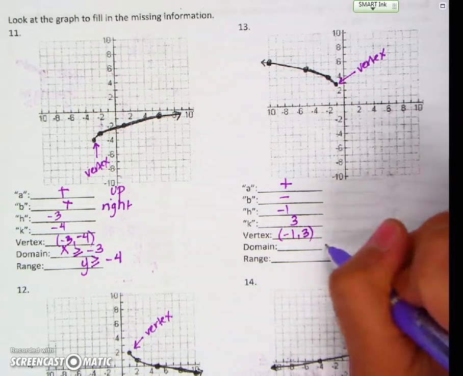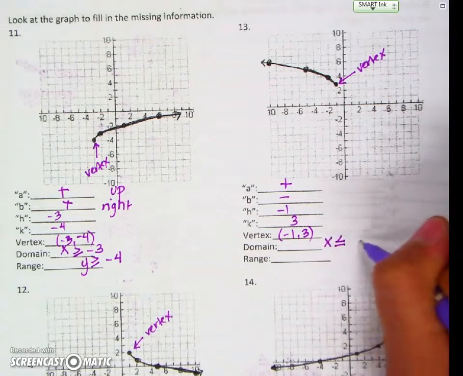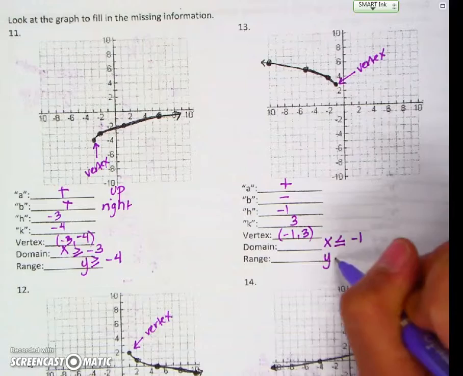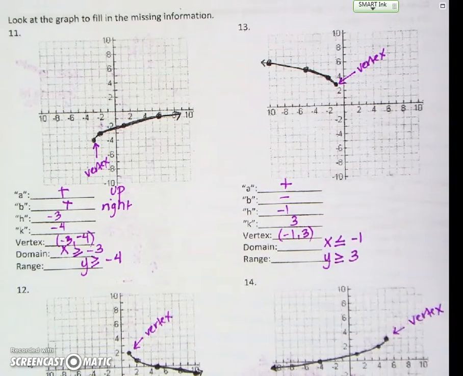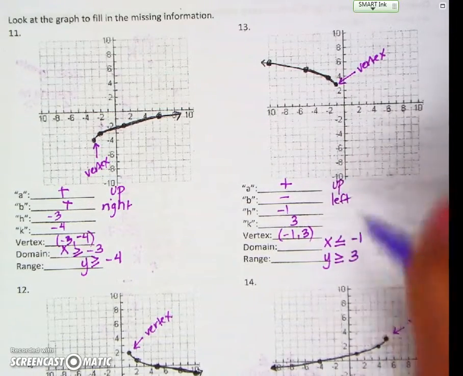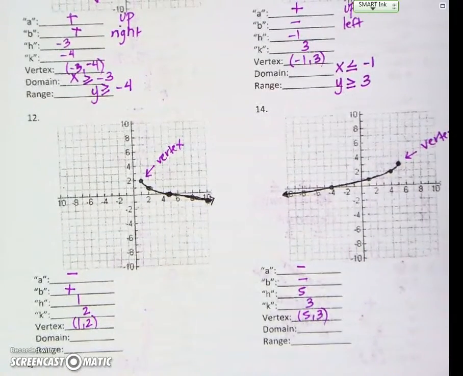Number 13, all your x values that are less than or equal to -1, and your range are all the values greater than or equal to 3. Okay, because it goes up, but it's going to the left. Okay, number 12.